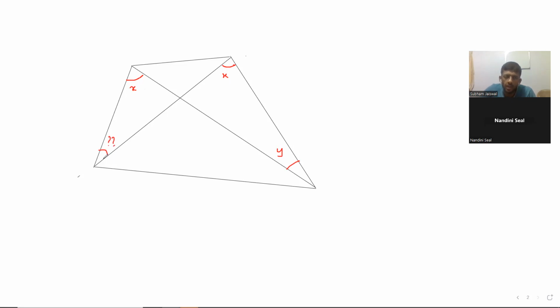Can you say it is also y? So try to see what it is. It should also be y, right? Because you see this is z, then this is x plus z. Yeah, that's fine.